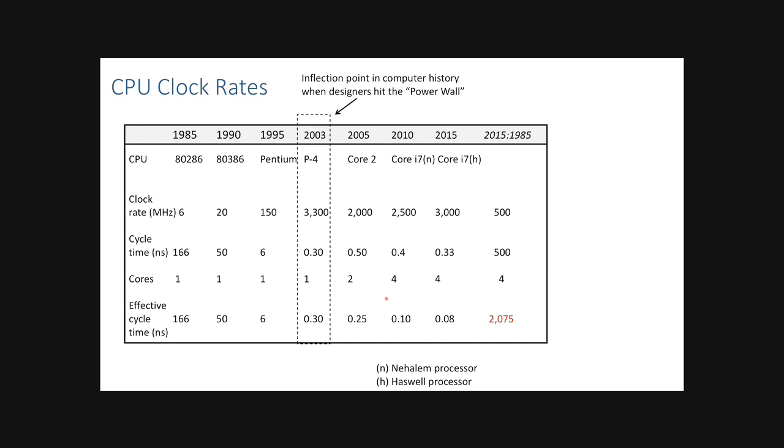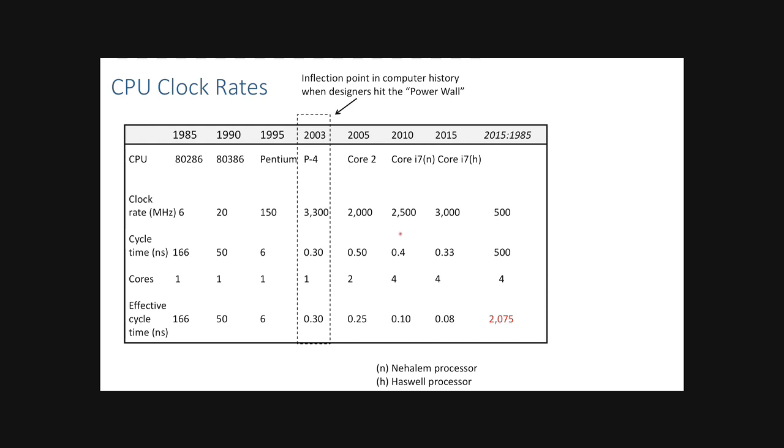Now, one thing to notice about that is that they started out dropping the clock rate. Now it has since crept back up again, so they are able to run it faster at lower power. They figured some ways to get around this.